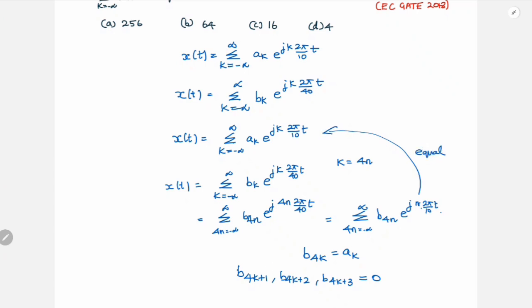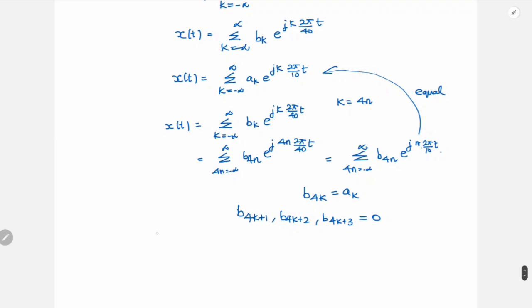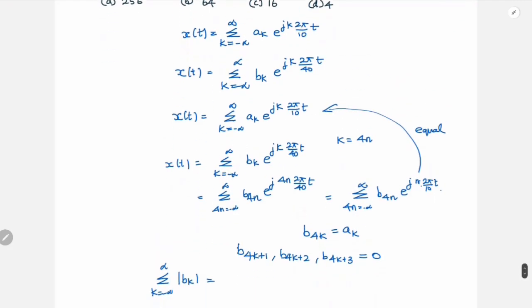So it is a convenient representation. So in that case, then what happens? Summation k equal to minus infinity to infinity mod bk is nothing but, since these are all going to be equal to 0, summation k equal to minus infinity to infinity mod b4k. And we need to modify this to 4, so I'll assume 4n, 4k, or 4n.